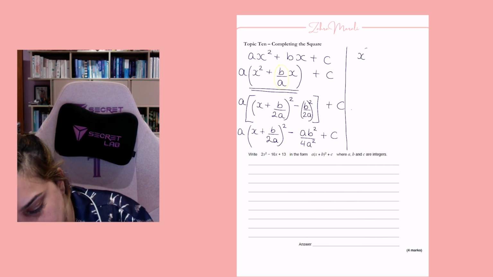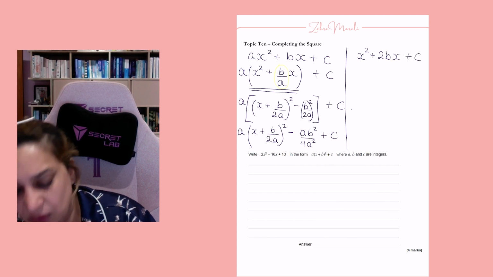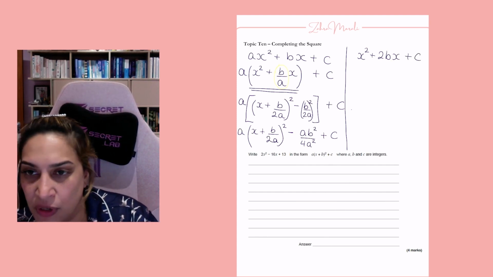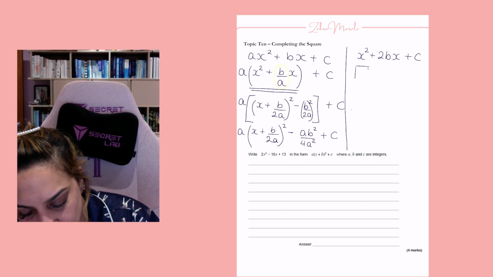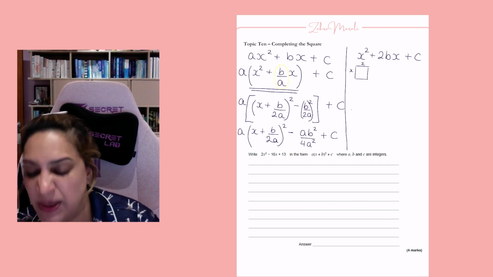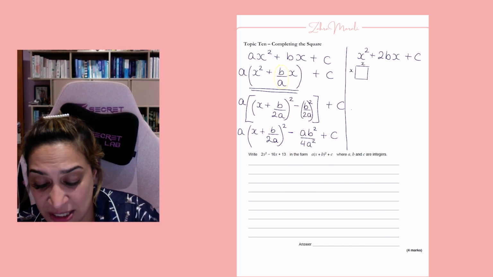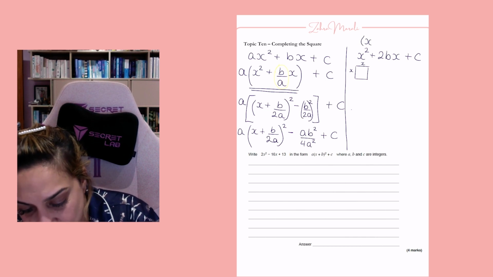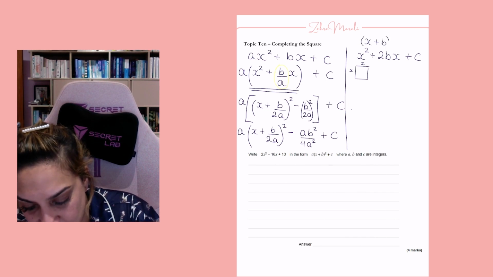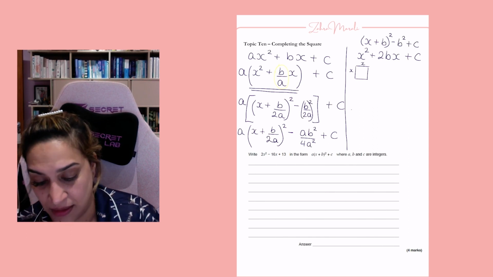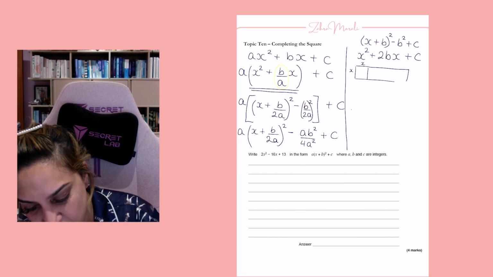So say I have x squared, we're just going to call that 2bx plus c because it's easier to see. Okay, x squared, essentially a box, x by x. Now remember, we split whatever's in front of the x by 2. So in this case, it becomes b. We minus the square and then add the c. So in this case, I'm going to get 2 rectangles.